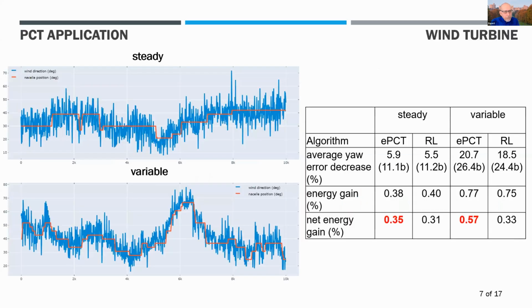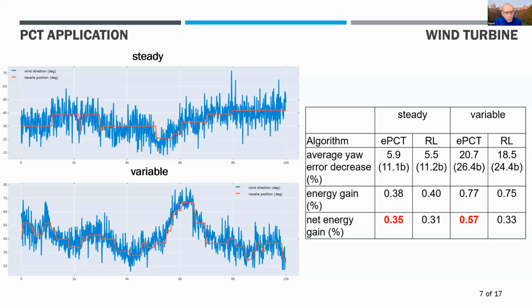Anyway, I applied the process for evolving a perceptual control system to the same data, which you can see on the graphs on the left. And you can see it works pretty well. The PCT control system follows the wind direction, which is the equivalent of turning the wind turbine into the wind.